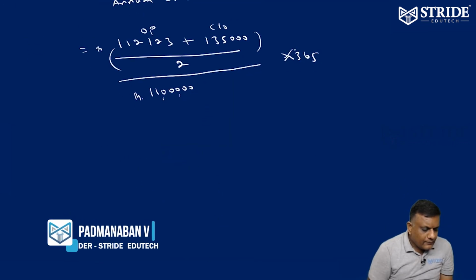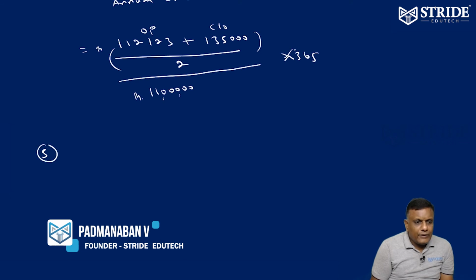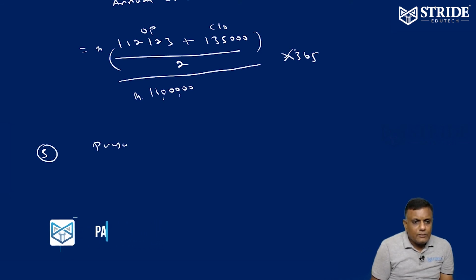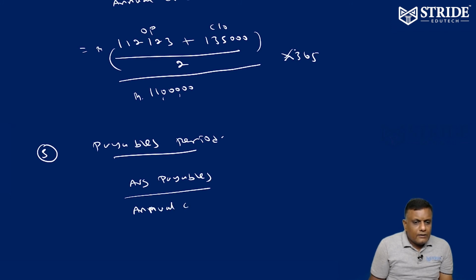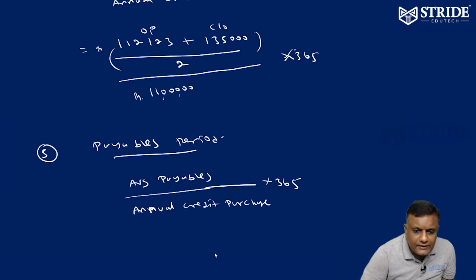Number 5, payable period, the creditor period. Last one. This is equivalent to average payables by annual credit purchase into 365.